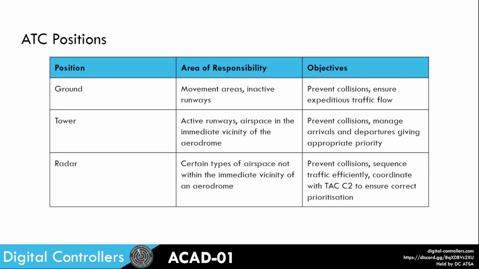And ground's job is primarily to prevent collisions on the ground and ensuring an expeditious traffic flow and creating a sequence of aircraft to depart and making sure, if we're using multiple runways, that no single runway is being overloaded and things like that.